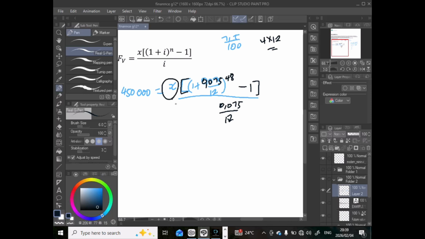Now remember, what must we do first? The first thing that we have to do is remove this denominator, which means we multiply by it on both sides, so that on this side it will cancel, and we will have 450,000 multiplied by 0.075 over 12 equals x multiplied by everything in brackets.